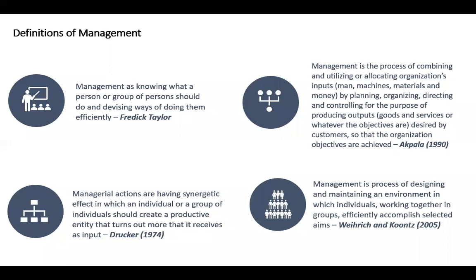Now let's go to a more recent definition by Akbala, 1990. Management is a process of combining and utilizing or allocating organizations' inputs. Then what are organizations' inputs? Man, machines, materials, and money. By doing what? By planning, organizing, directing, and controlling.